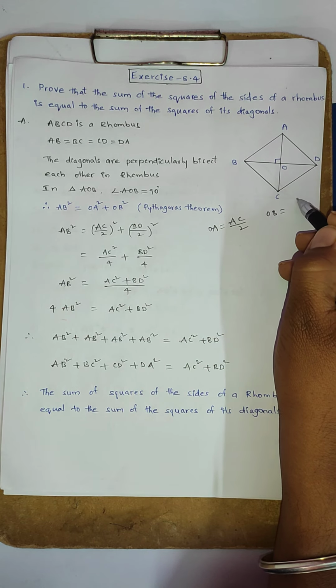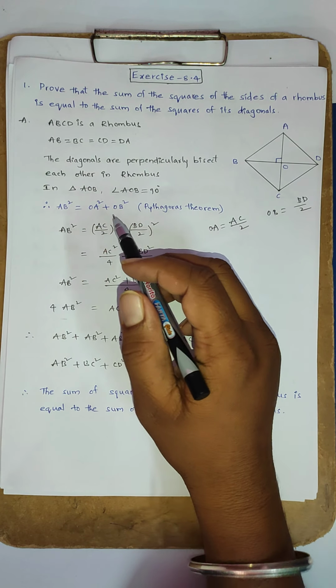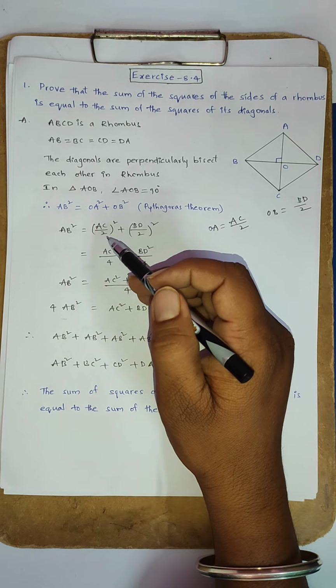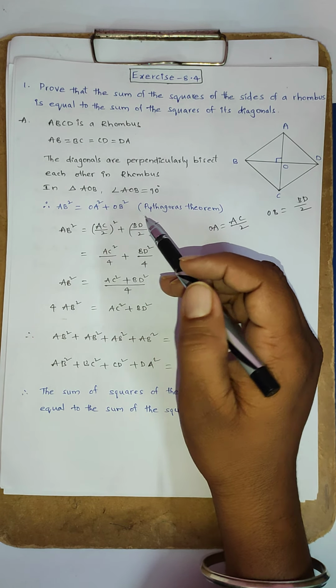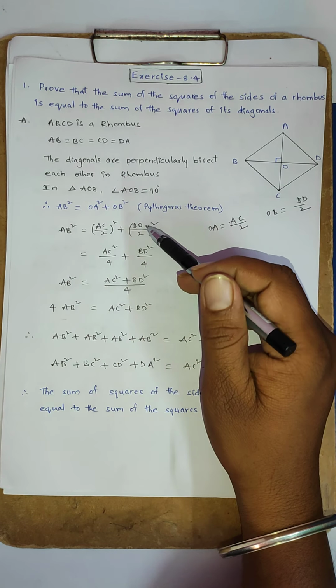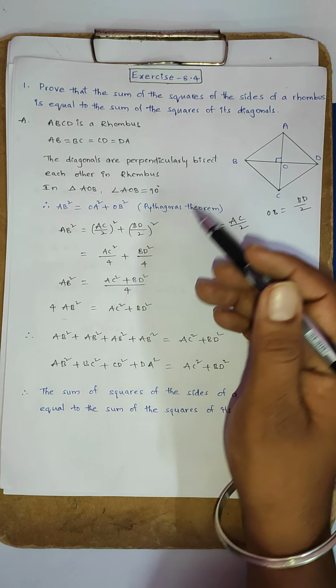OB is equal to BD by 2. So OA is AC by 2, and OB is BD by 2, whole squared plus whole squared.